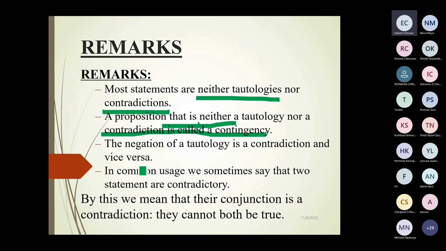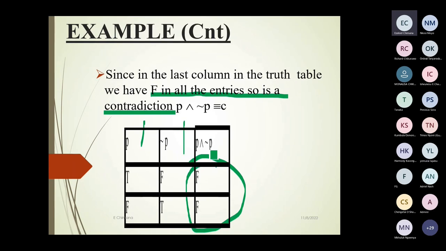A contingent. The negation of a tautology is a contradiction, and vice versa is also true. So the negation of a tautology will give us a contradiction. The negation of a contradiction will give us a tautology.